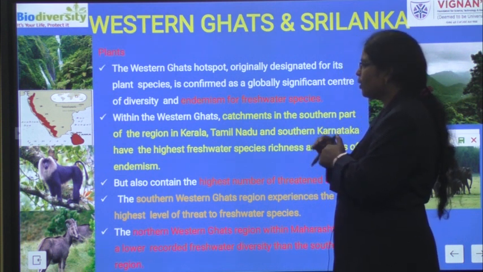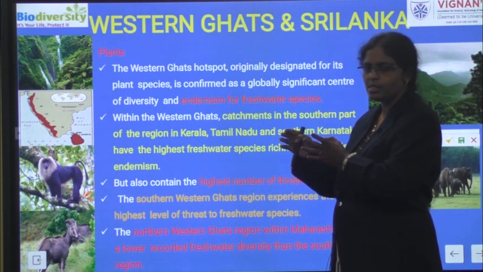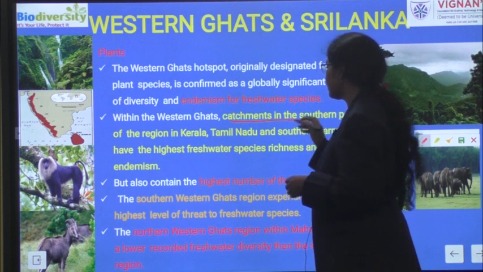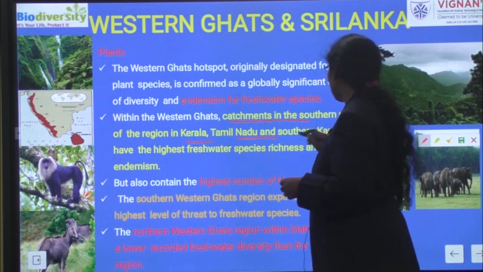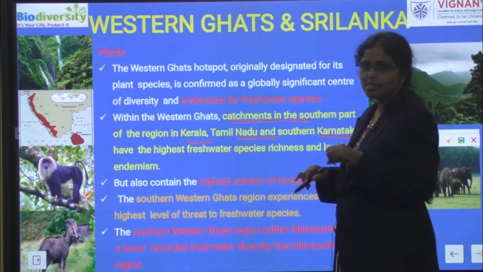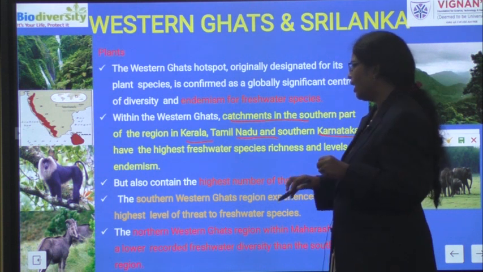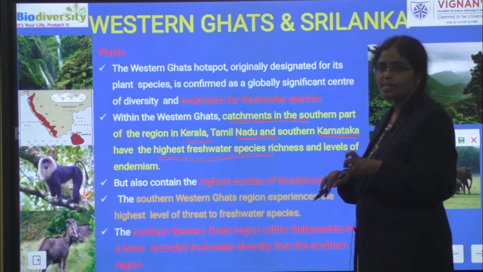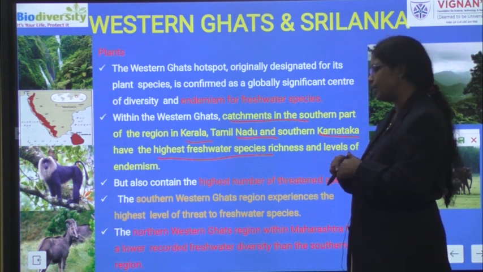Because of the various rivers flowing in this area, particularly the catchment areas in Kerala, Tamil Nadu and Karnataka, these three states provide the highest freshwater species richness as well as endemic species in this region.